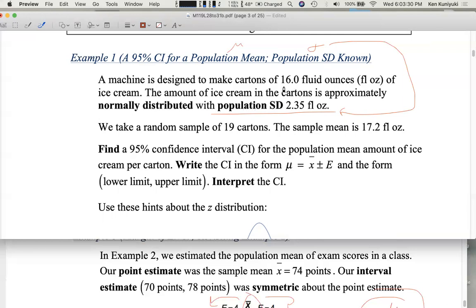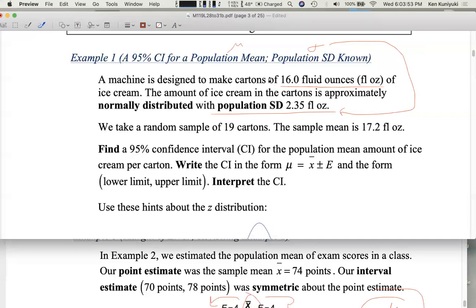These cartons are labeled 16.0 fluid ounces. So if they're going to be honest, if they're going to have that balance between satisfying the consumer on the one hand and making their profits legitimately on the other hand, they want to make sure these cartons are averaging pretty much 16.0 fluid ounces.